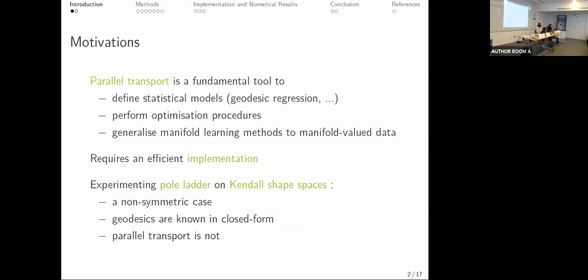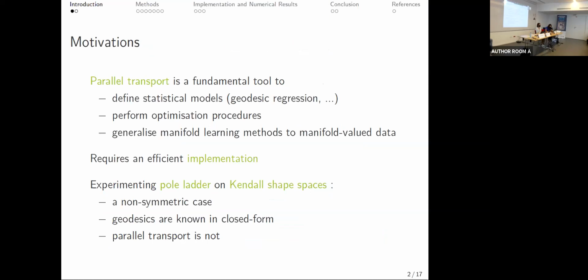So what is the motivation of the work? First, why parallel transport? Because it's really useful for extending learning methods to manifold-valued data. Especially as soon as you want to follow the evolution of the data along one parameter, the right tool to use is parallel transport.